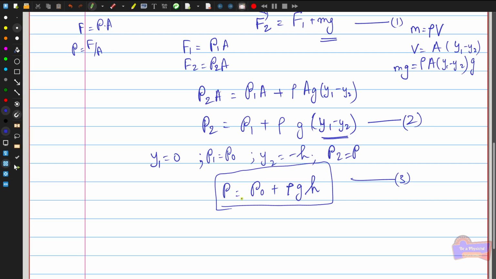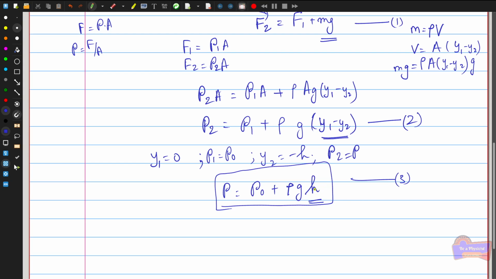Therefore, from this equation we can identify that the pressure at any point of a fluid in static equilibrium depends only on the depth of the point in the liquid, but not on any horizontal dimensions of the fluid or its container.